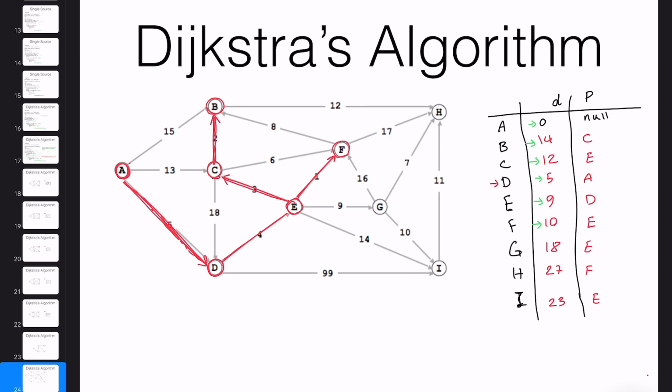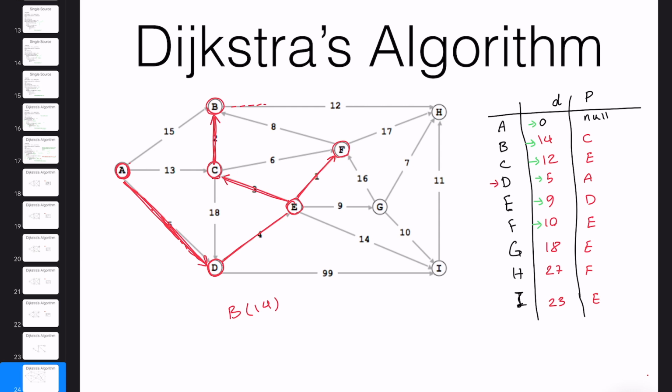Okay, so for the node B with the cost 14, there is only one edge going out. Through this edge you might update the cost of H, right?